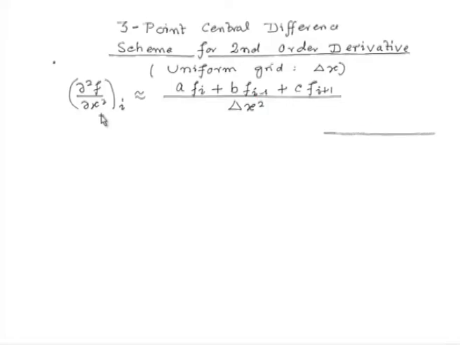So basically we have taken 2 points in the neighborhood of our grid point I: the grid point I plus 1 to the right of it and grid point I minus 1 to the left of it.